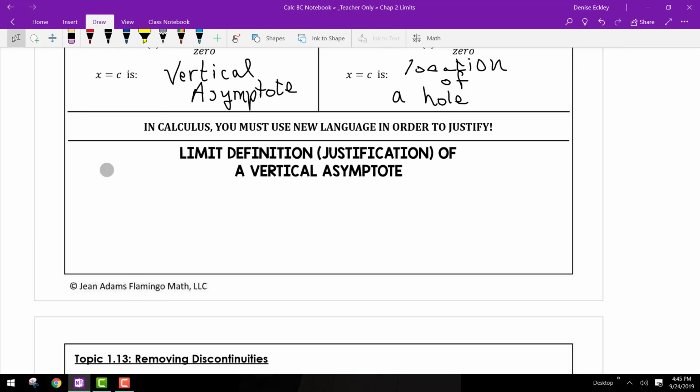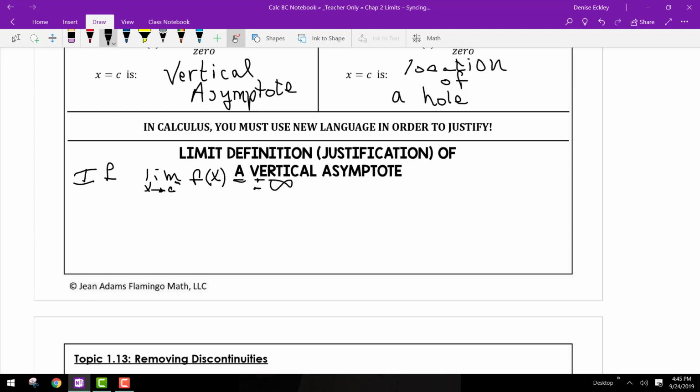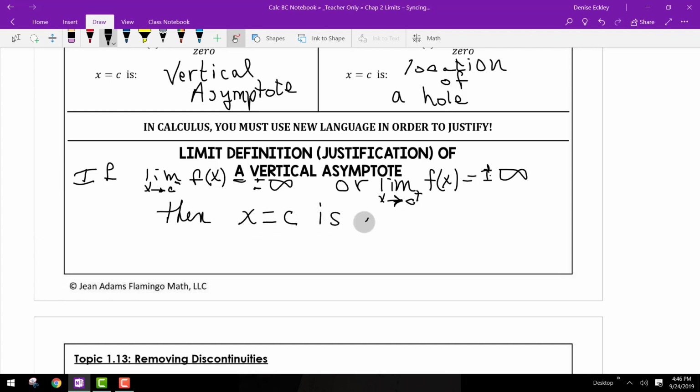So what we say is if the limit as x approaches c from the left of f of x equals positive or negative infinity, or if the limit as x approaches c from the right of the function equals plus or minus infinity, then x equals c is a vertical asymptote. This is a little bit more mathematical way to look at it.